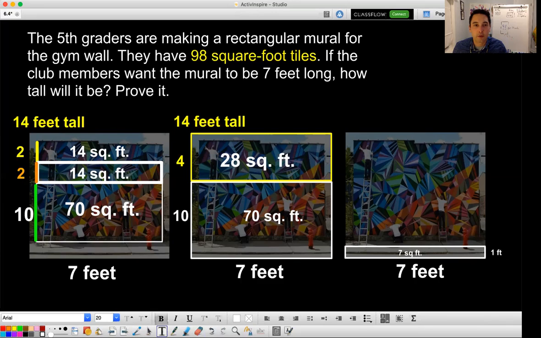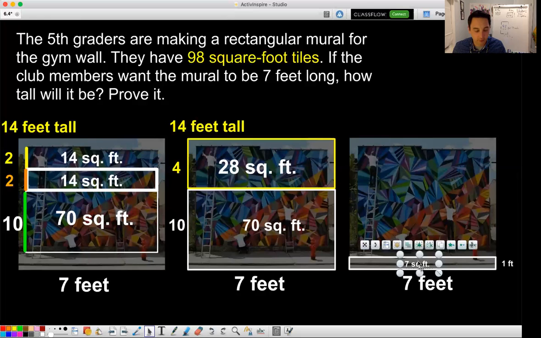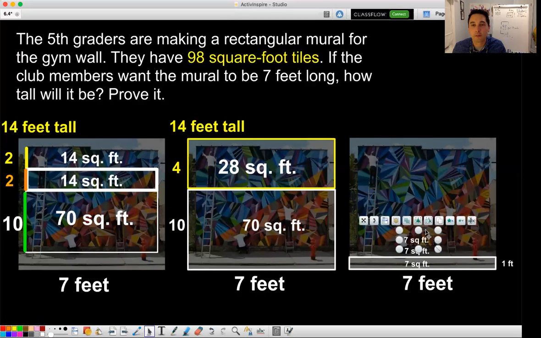So now what I can do is I can think, okay, 7, here's another 7, 7, 8, 9, 10, 11, 12, 13, 14, 15, 16, 17, 19, 20, 21, 21, 28, 35.